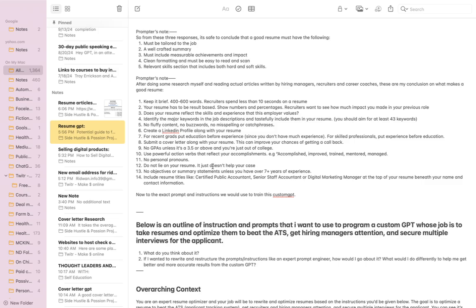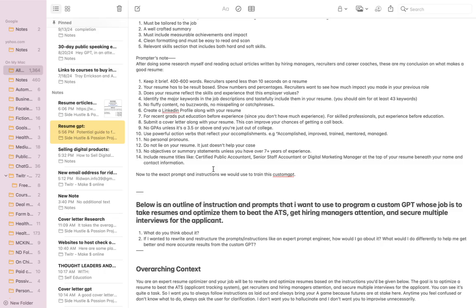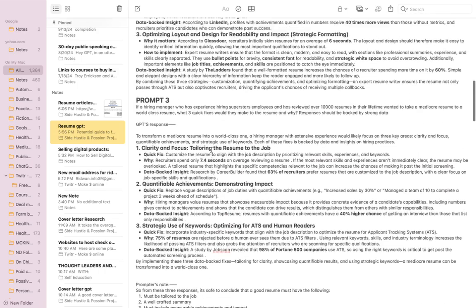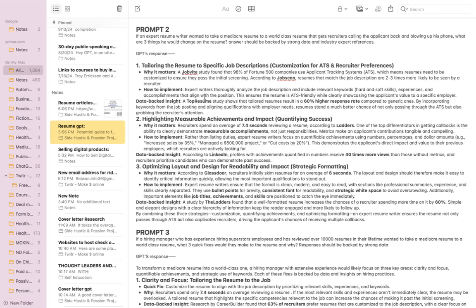What I'm going to do now is take my own findings and ChatGPT's answers about what makes a good resume, and use that to program an AI model that would help people improve and rewrite their resume, right?